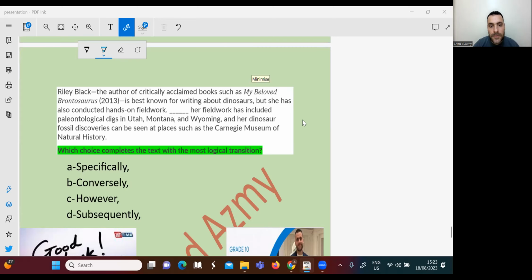So if I have two transitions similar to each other showing the same relationship, for example consequently and therefore, both of them show cause and effect.